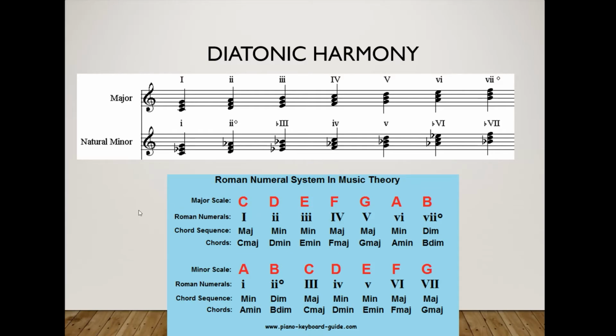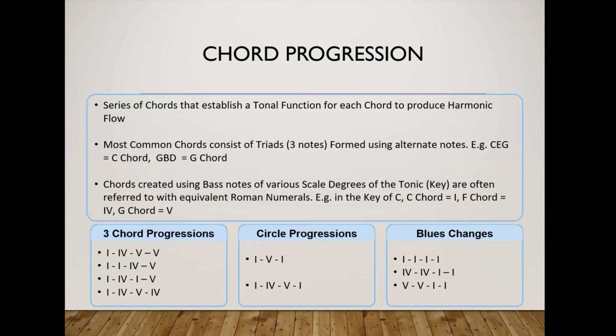If I was building chords off of C minor, so this is C major, this is C minor, now we've got a couple accidentals because we're making this a minor scale. Our positions of those whole steps and half steps have moved around, and that means the actual notes we're using here are different, and the locations of major, minor, and what's called diminished chords are actually different.